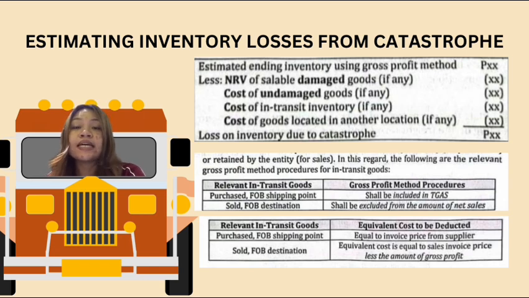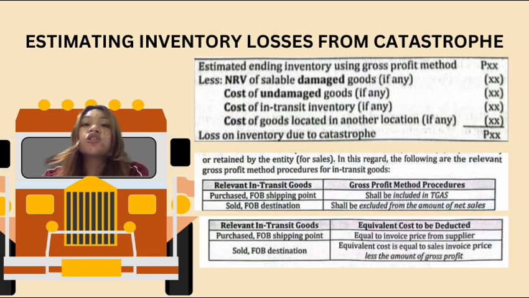So it was discussed in the previous chapter that the ending inventory balance includes goods in transit. The following are the relevant gross profit method procedures for in-transit goods. If the relevant in-transit goods are purchased FOB shipping point, they should be included in TIGAS when applying the gross profit procedures.